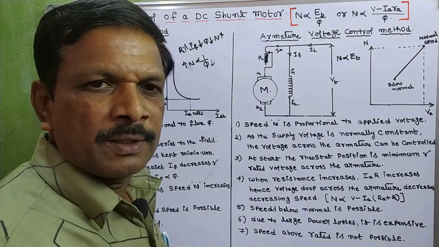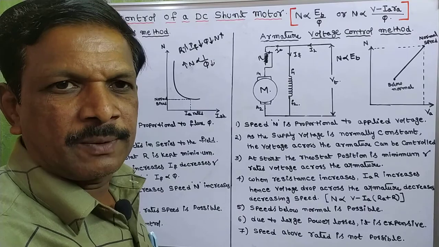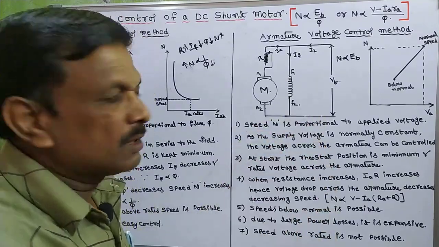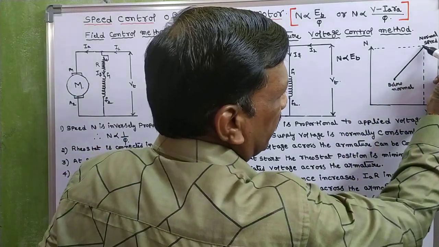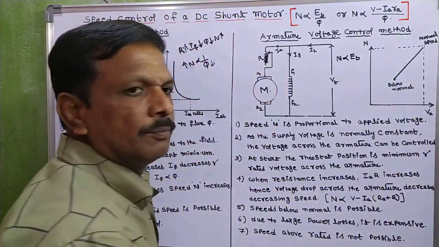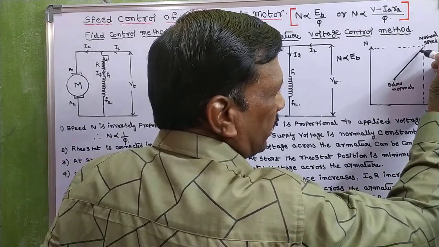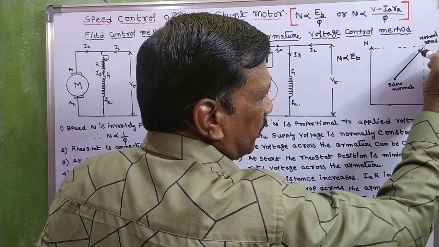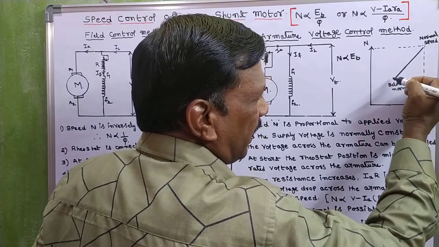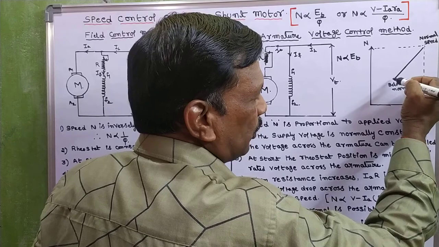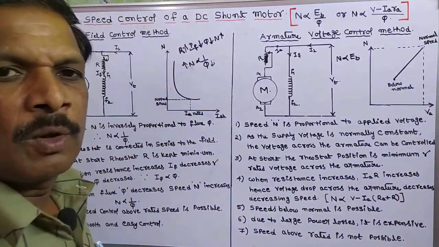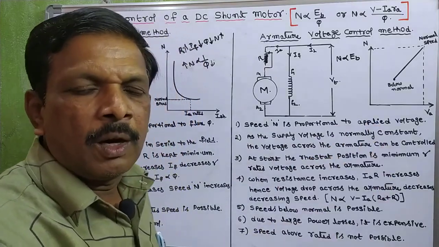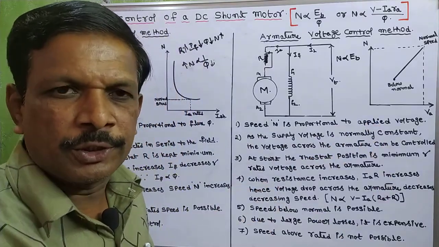When the drop increases, the net voltage decreases. When net voltage decreases, the speed also decreases. We can see here this is the normal speed. Slowly, as the drop increases, the armature voltage decreases and the speed also decreases. Why? Because speed and armature voltage are proportional to each other.